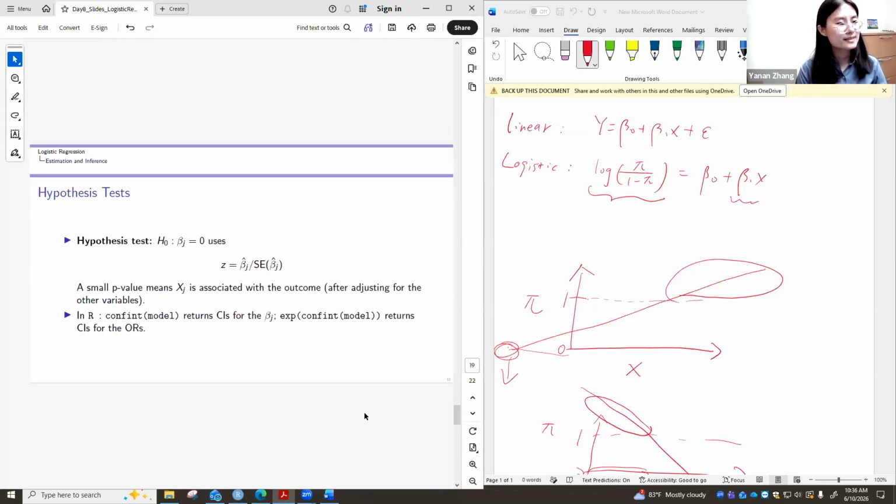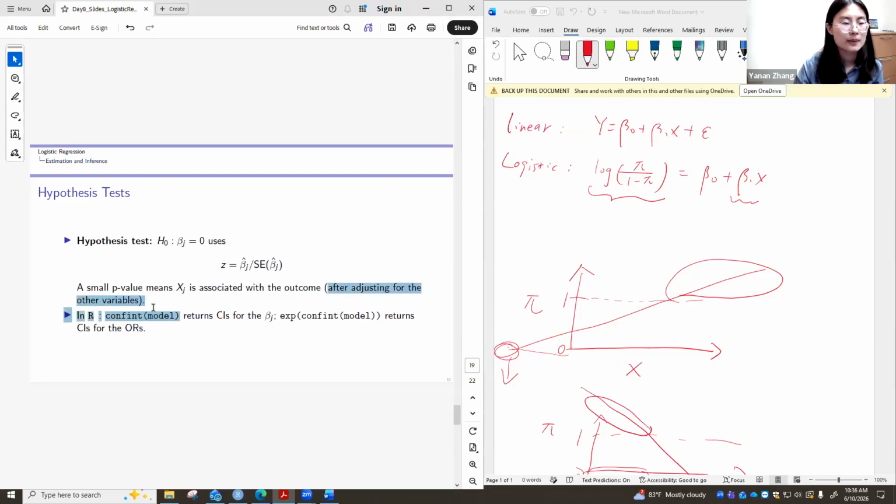Okay, hypothesis testing. We use hypothesis testing just as we did in linear regression. We use a z-test. This z-test will give us the corresponding p-values. For example, if we use a 0.05 significance level, we can compare the p-value with 0.05. If you get a very small p-value, it means the corresponding predictor X is associated with the outcome.